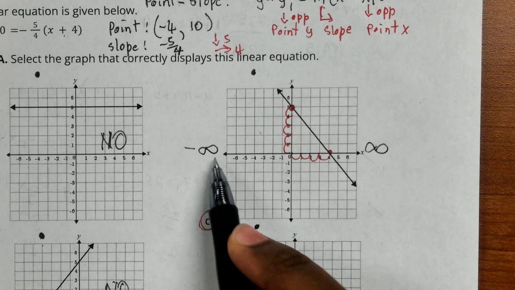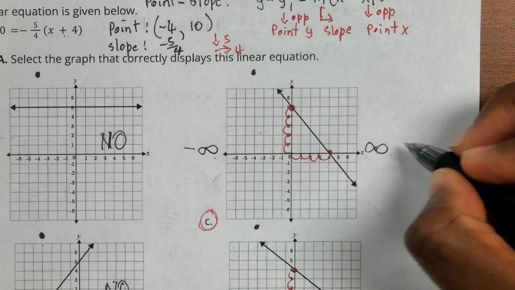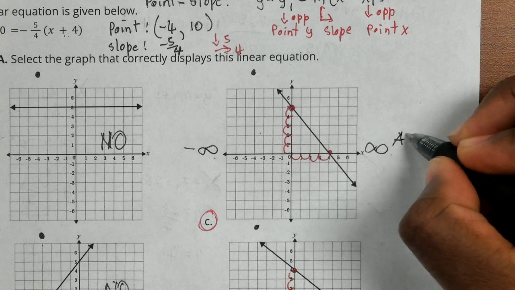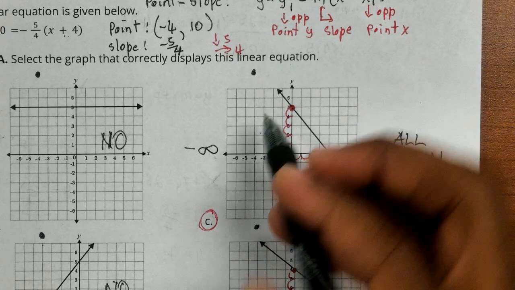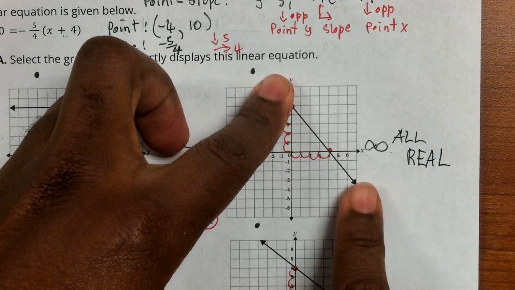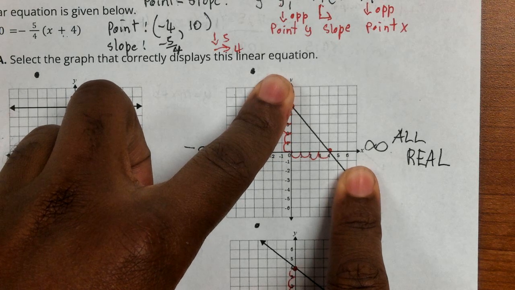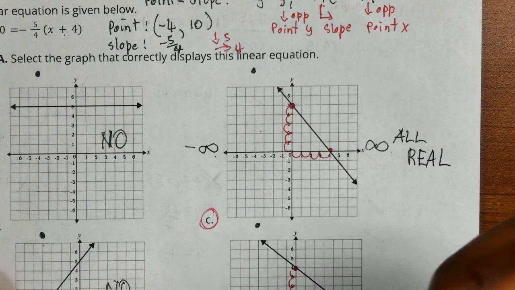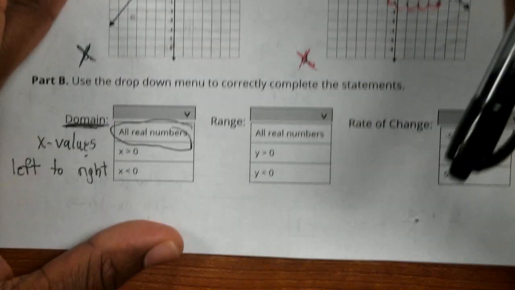If you go from negative infinity to positive infinity for your domain, that means you're evaluating all real numbers. All right. So again, because there's an arrow, I would assume that it's all real numbers. But if you don't see an arrow and you see it still extended like this, and you don't see anything more, it's still all real numbers, okay? So in this case, it would be all real numbers, all right?